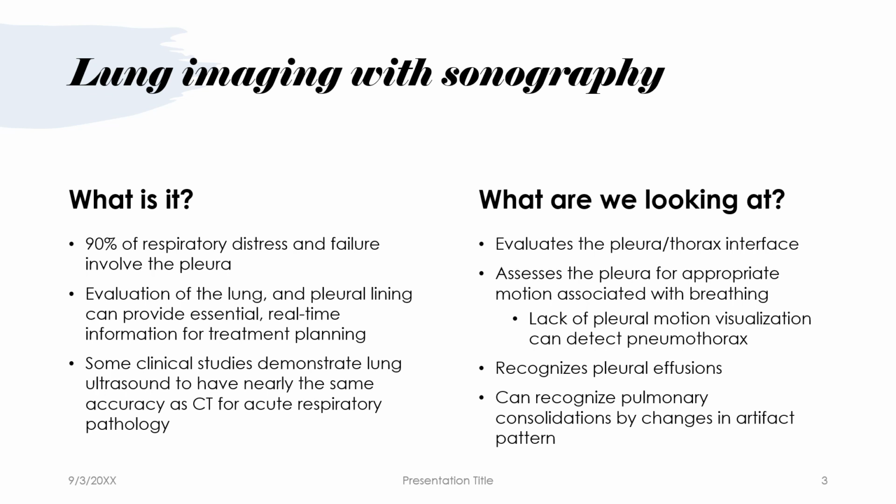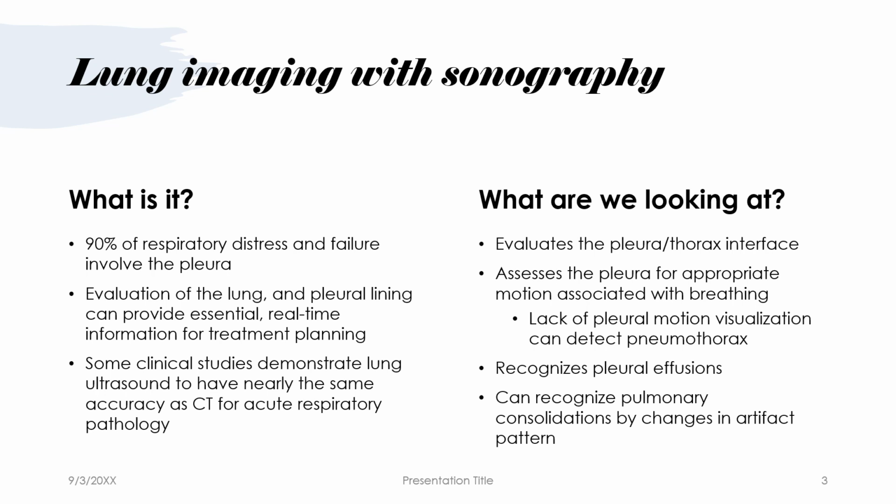So 90% of respiratory distress and failure cases are going to involve the pleura. So another opportunity for ultrasound in scanning the lung is that the pleura is external to the air, and so it is actually something that we can detect on ultrasound. So we can look for pleural linings and see if that pleura is fully extended to the thorax, making sure that there's no pneumothorax present.